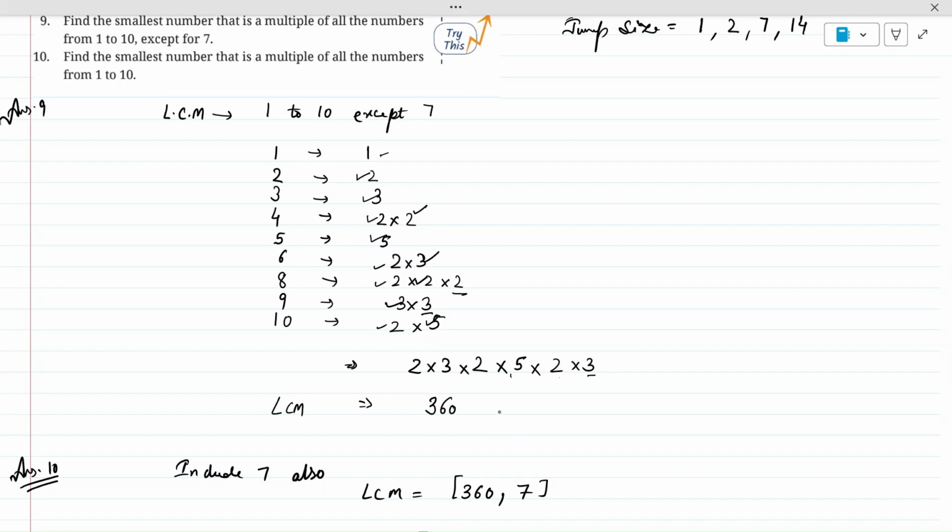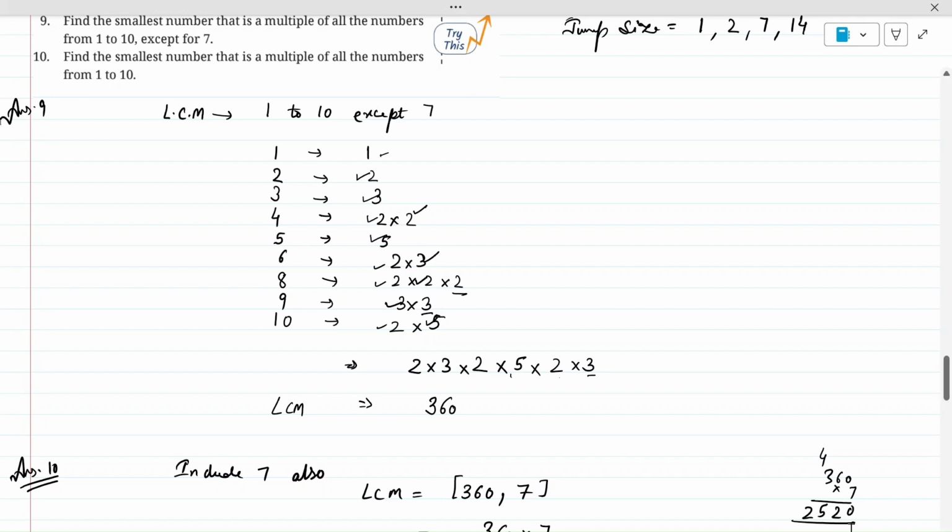So if we include 7 also here, it will be 360 multiplied with 7 because we don't have 7 anywhere common here. That means we will have to multiply this. So 360 into 7 is 2520.